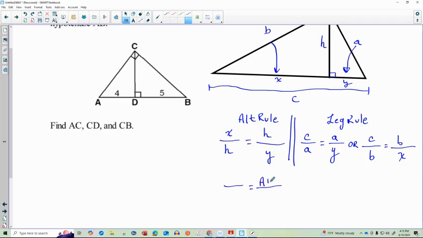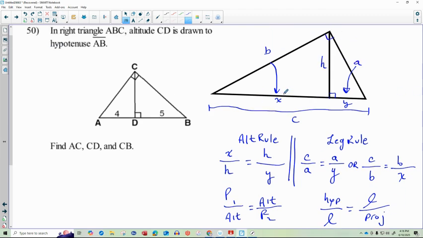Remember altitude, altitude, part 1, part 2. And here the leg rule could be, well, leg, leg, hypotenuse, projection. Yeah, this was a big topic. Not easy by any means.